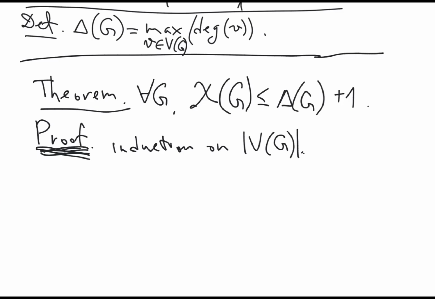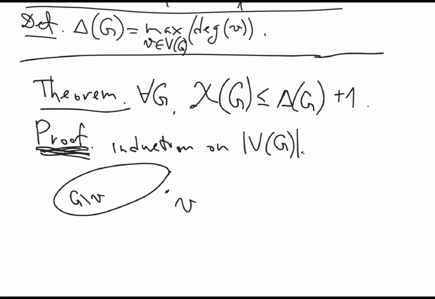The base of induction is trivial: for a one vertex graph, the statement is trivial. Then for the step of induction, we take any vertex v in the graph and remove it from the graph, and the rest of the graph is G minus v.